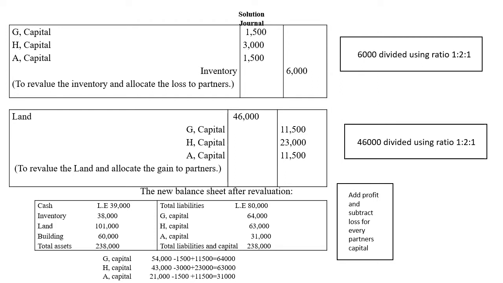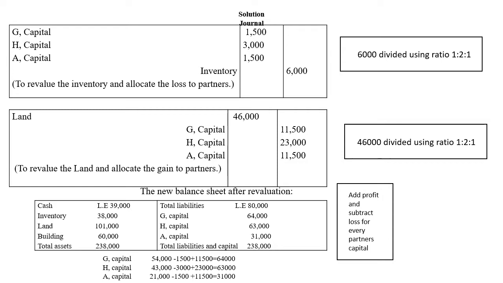We get 3,000 the part for H. 6,000 times 1 over 4, we get 1,500 the part for A. Then by this way, we distributed the 6,000 loss in inventory between the partners.